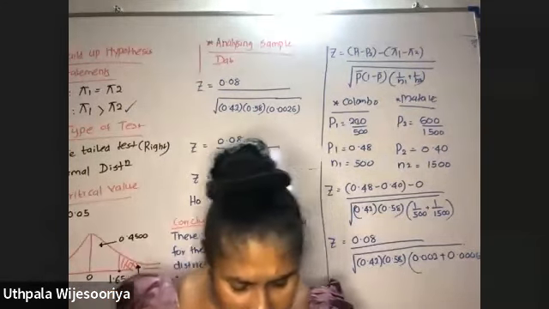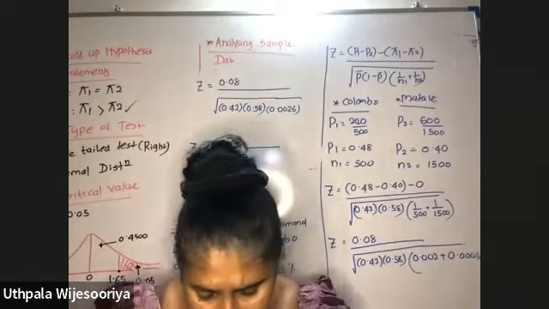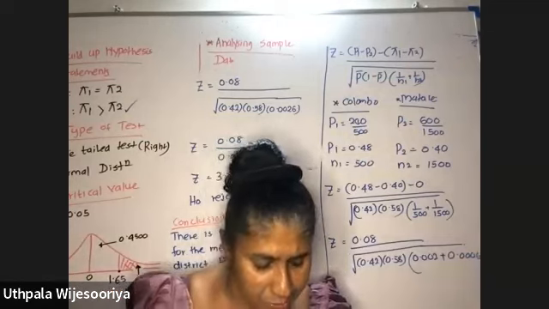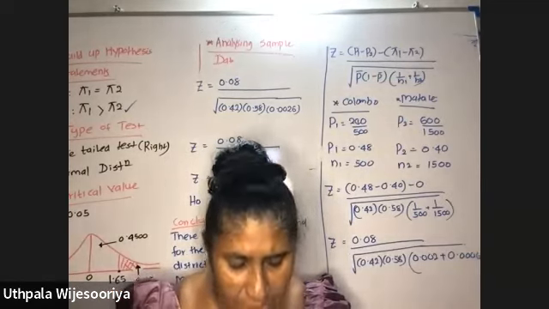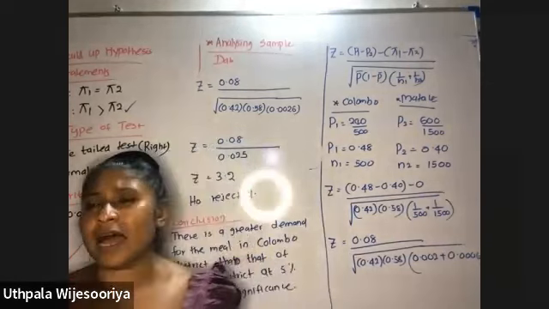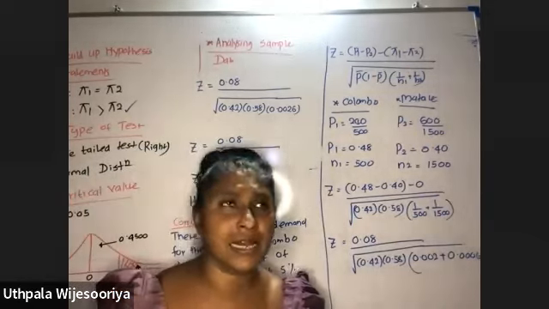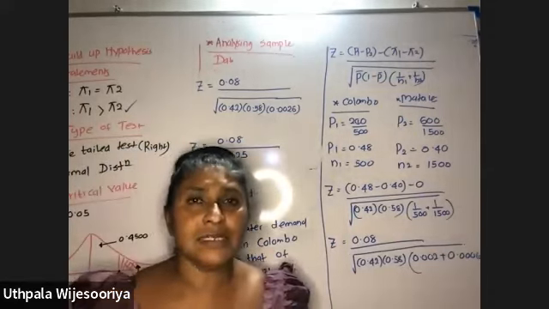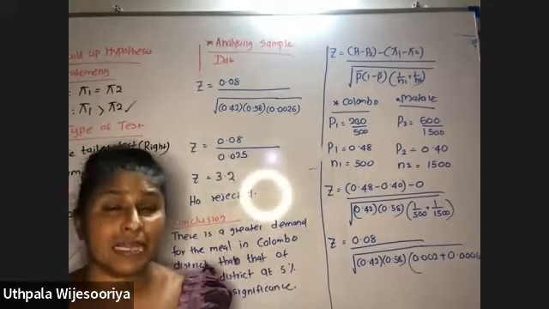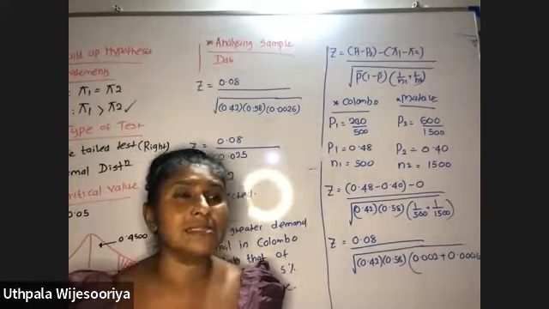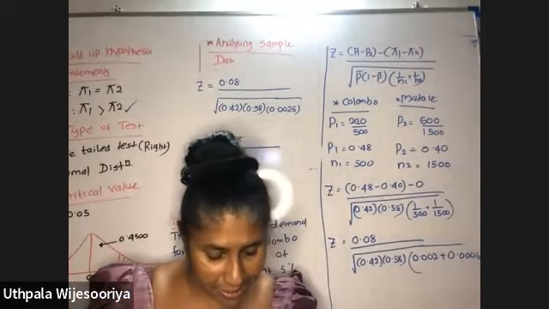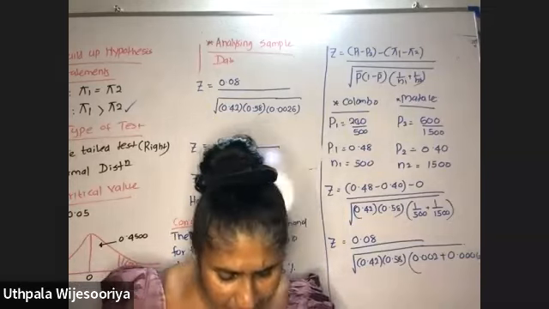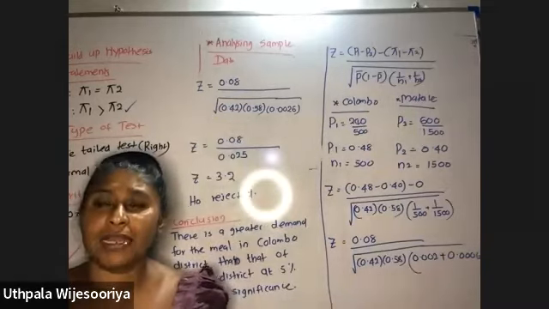But with equal size samples drawn from a normal population with known variance, the sampling distribution of sample variances is not normally distributed. The sample mean and sample proportion follow a normal distribution, sometimes a T distribution, but the sampling distribution of sample variances is not normal. It follows a distribution known as the chi-square distribution.